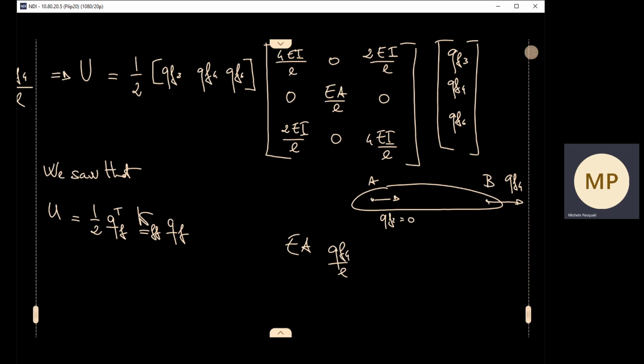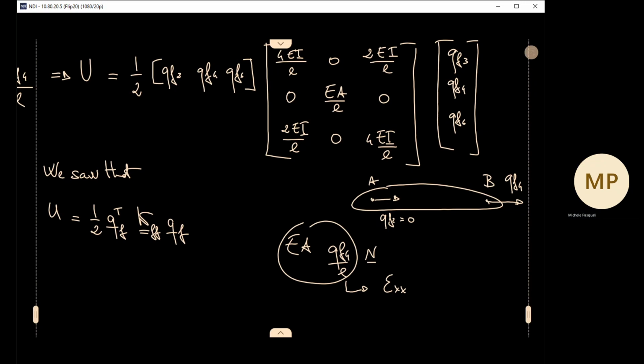What is it, this one? This is your epsilon x6. It's the axial displacement divided by the initial length. In fact, this is exactly your N, your axial force. So it is actually correct that this term is written like this.